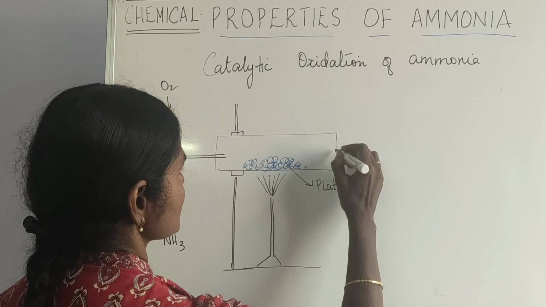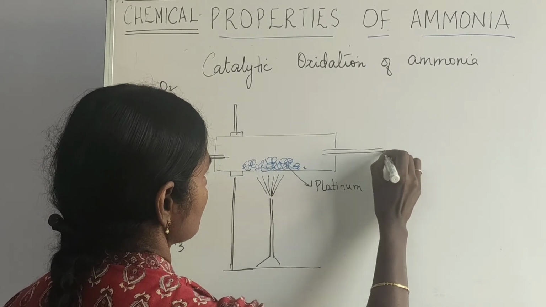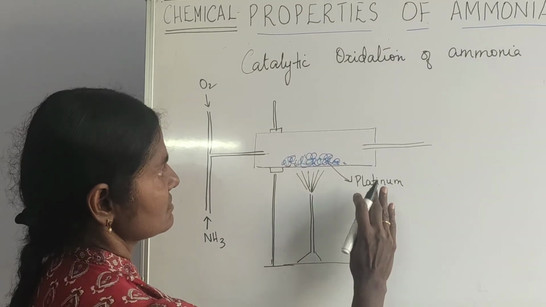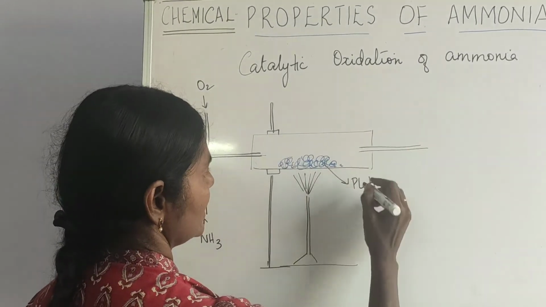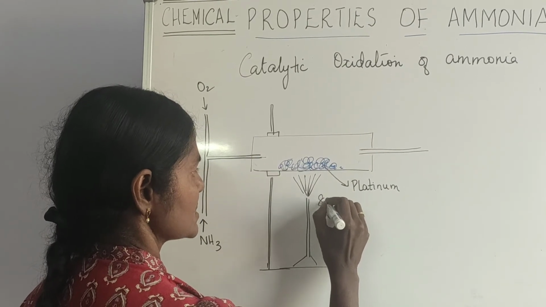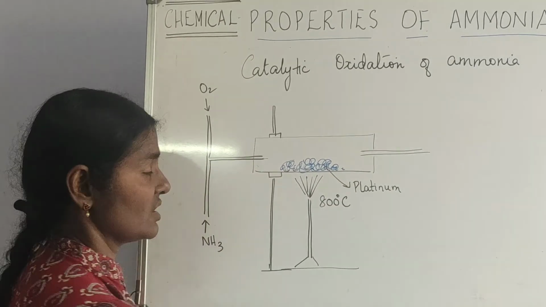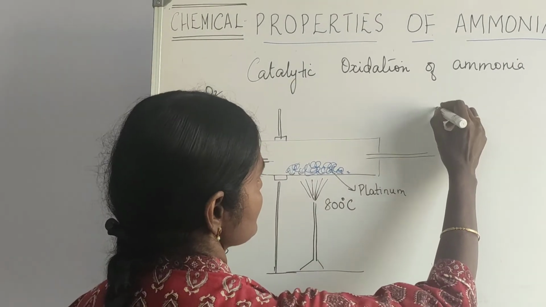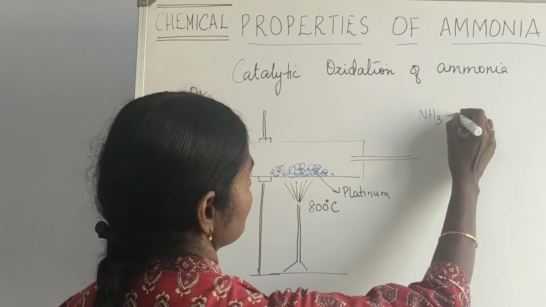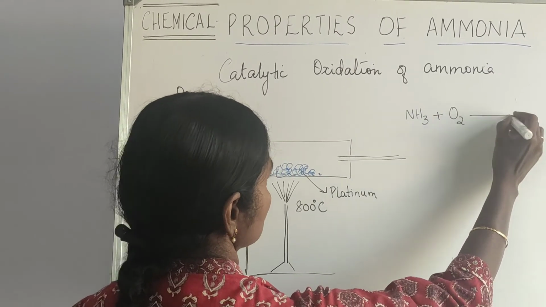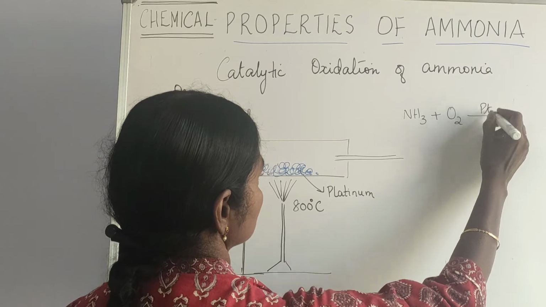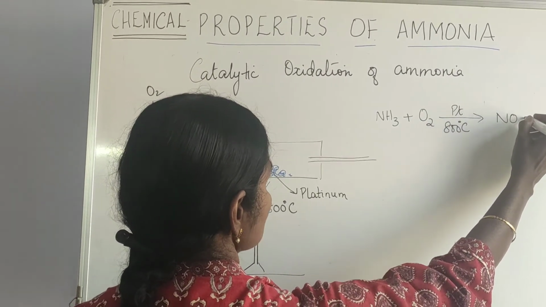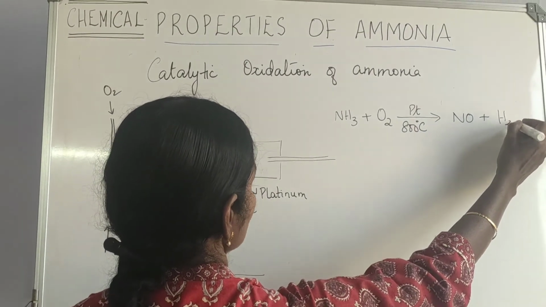Now when it is heated, the reaction begins. The heat that is needed here is 800 degrees Celsius, which is very high. As the heat gradually increases, ammonia reacts with oxygen in the presence of platinum at 800 degrees to give nitric oxide and water vapor.